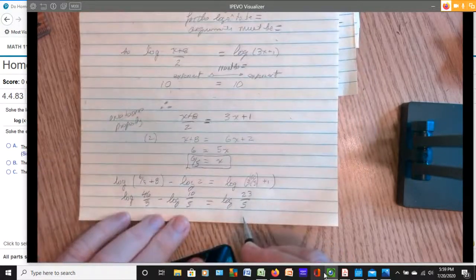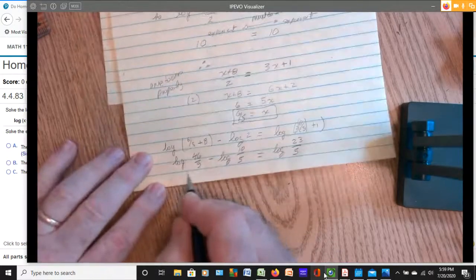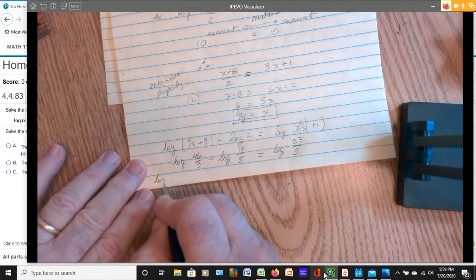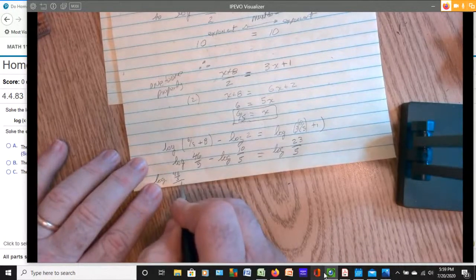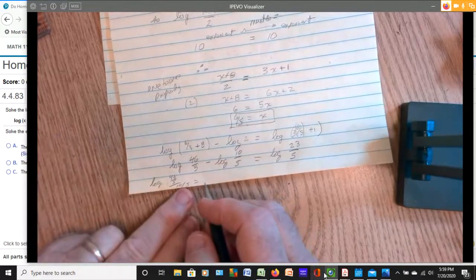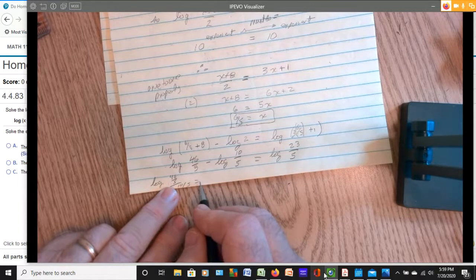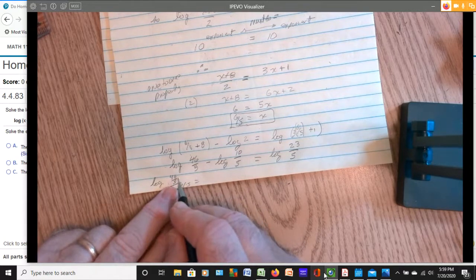If we just want to keep working with this a little bit and turn it back into a quotient, what are we going to get? The log of 46 fifths divided by 10 fifths. To do the fraction division, we flip and multiply.